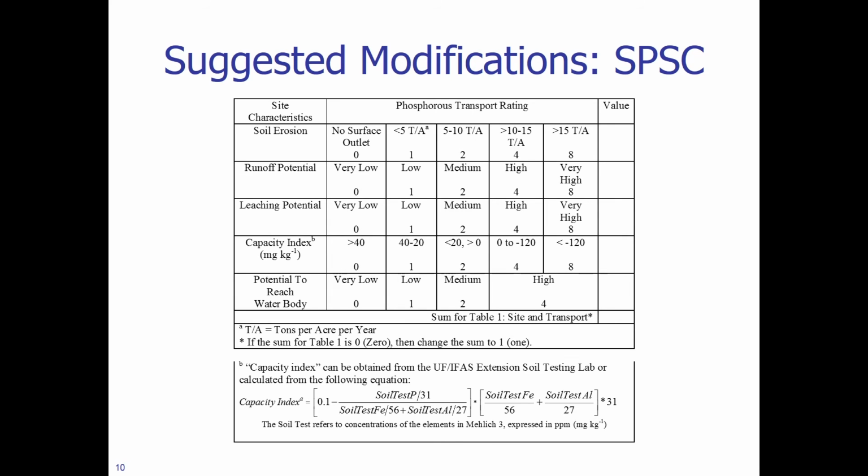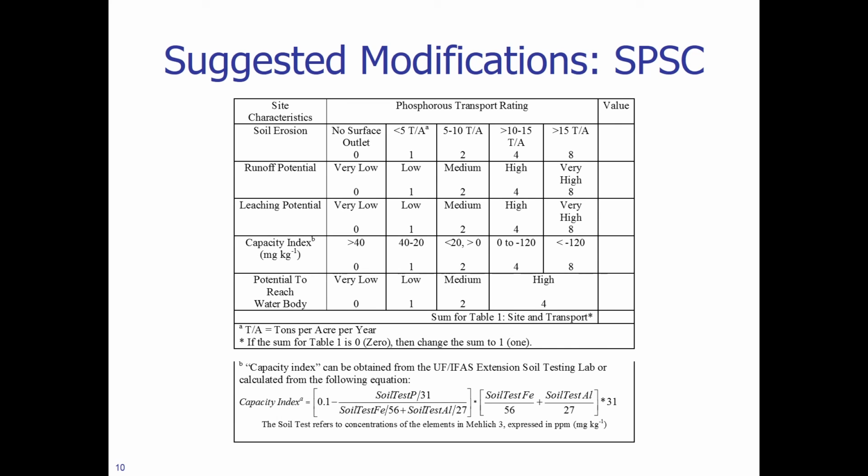So now you understand why the capacity index is thought to be a better modification to the Florida P index, and we are currently working further on using the capacity index. It's not finalized.